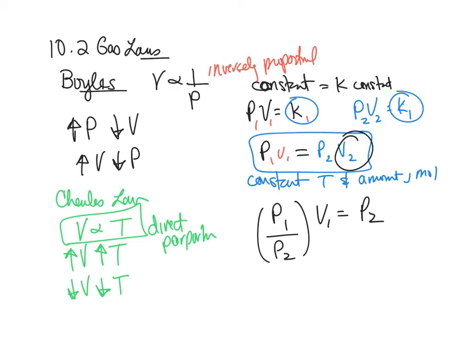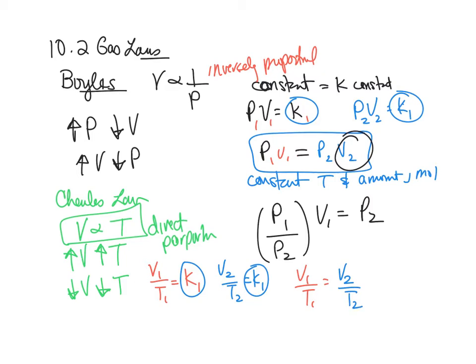Now, when you set that equal to a constant, so if you did V1 over T1 equals a constant, and you did this for V2 over T2 equals a constant, and you set these constants equal to each other, you would have a new equation, V1 over T1 equals V2 over T2.